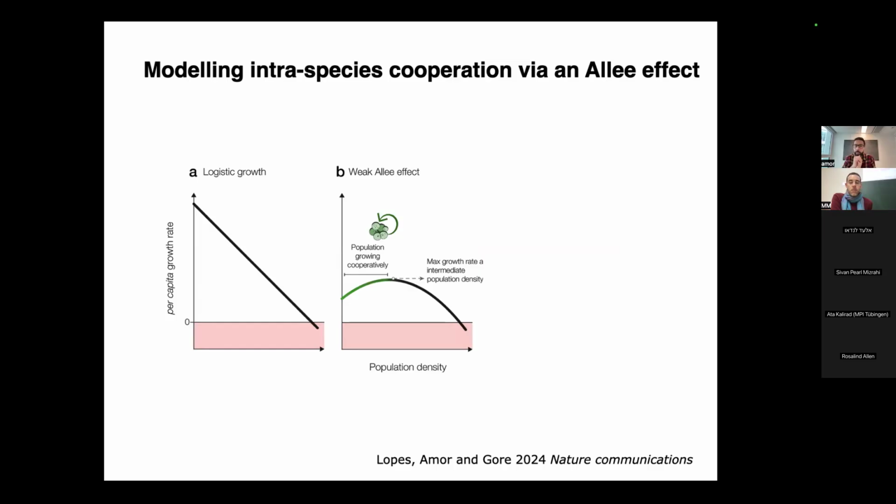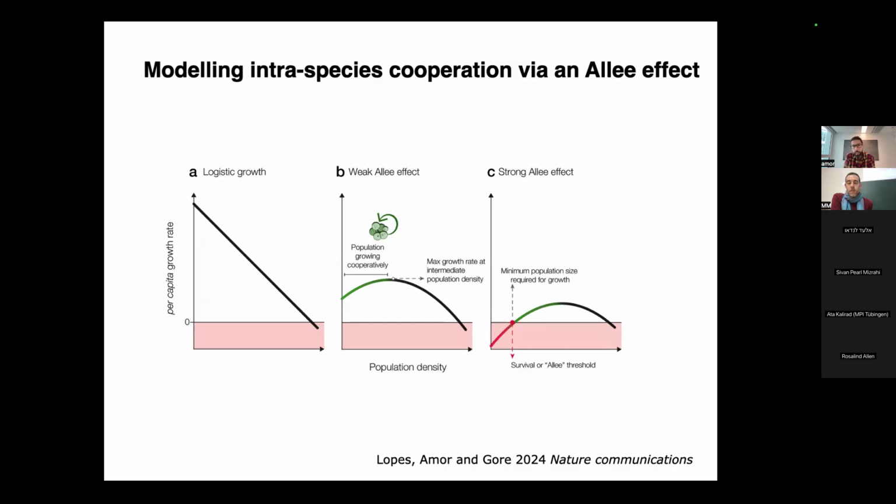And it can be classified into two kinds of Allee effect. The weak one shows this tendency, but when the population is very small, there is still a positive growth rate. And the strong Allee effect means that there is a minimum population size that is required for growth. If the population is too small, the actual growth rate is negative, so it will go towards extinction.